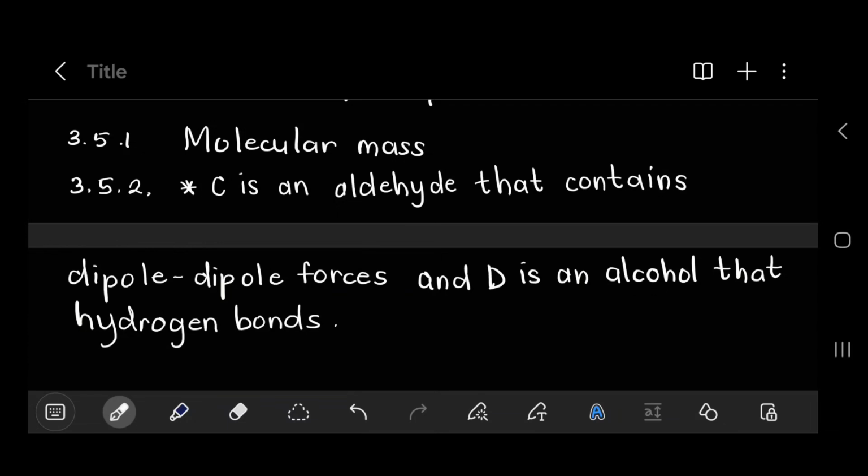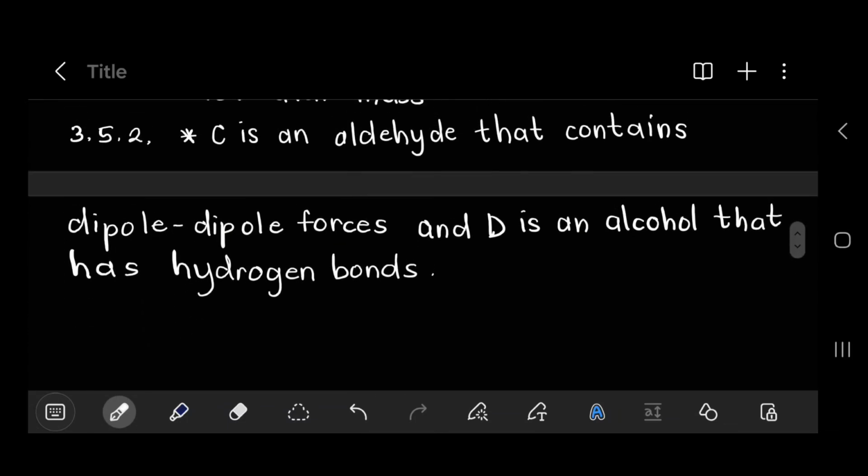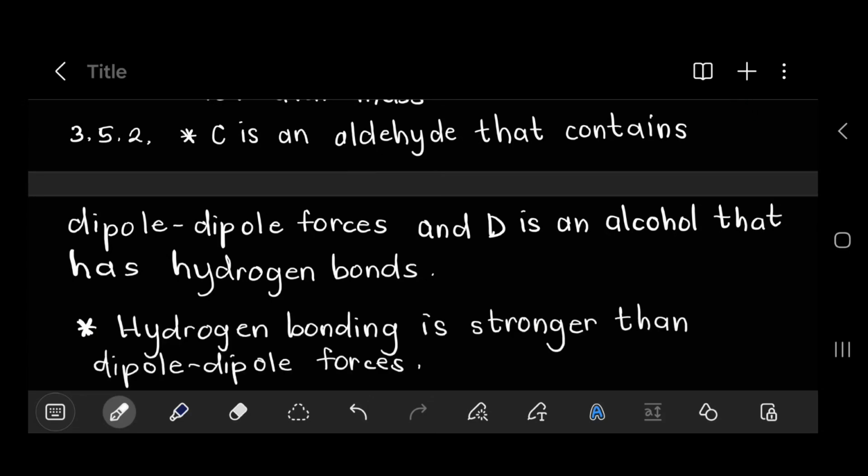Okay, so we start off by saying C is an aldehyde that contains dipole-dipole forces, and D is an alcohol that has hydrogen bonds. Now, since we've mentioned the type of intermolecular forces that they have, we now need to mention which one is stronger, and obviously we know it is hydrogen bonding that is stronger. So let's mention that. So hydrogen bonding is stronger than dipole-dipole forces.